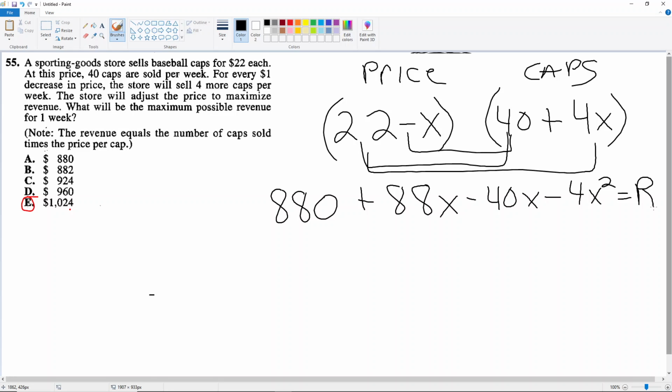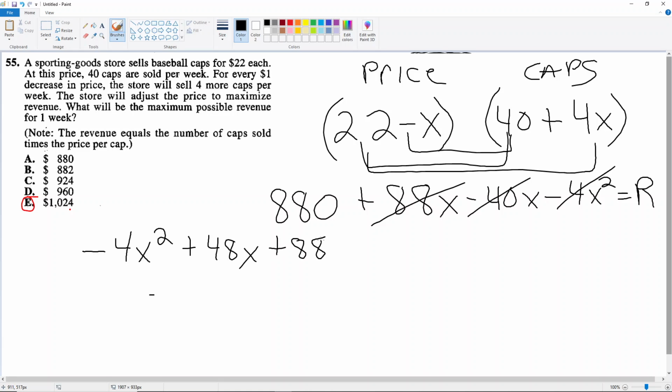All right, let's write it in the order we're used to seeing it in. So we put the x squared first, minus 4x squared, and we're going to add like terms. So 88x minus 40x is going to be plus 48x plus 880 equals our revenue. And you may remember that when there's a negative number in front of the x squared, the parabola is an upside down parabola.